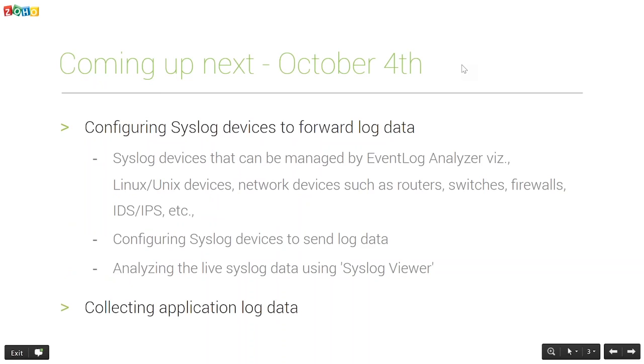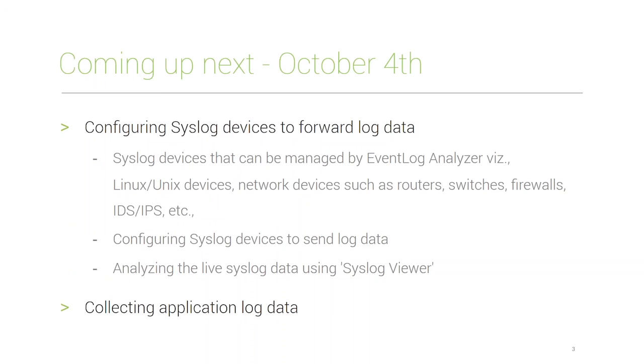As we all know, network security management doesn't stop with just monitoring Windows devices alone. We need to monitor other resources in the network, including Linux servers, network devices, and applications such as web servers, databases, and so on.